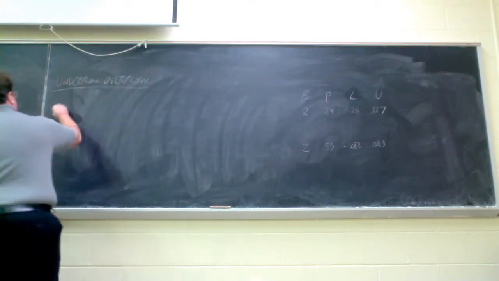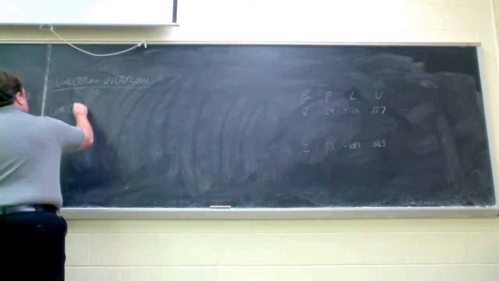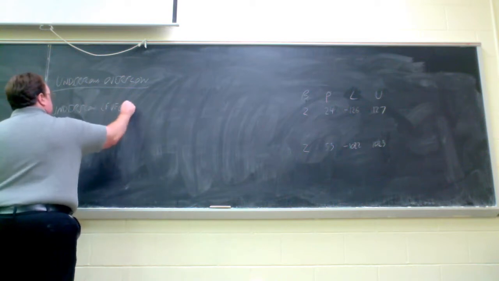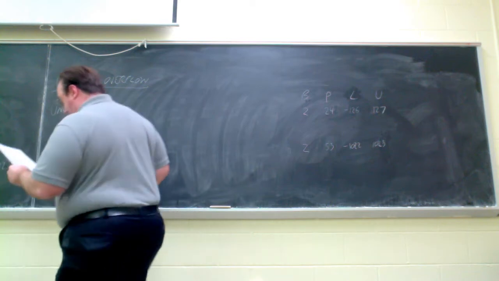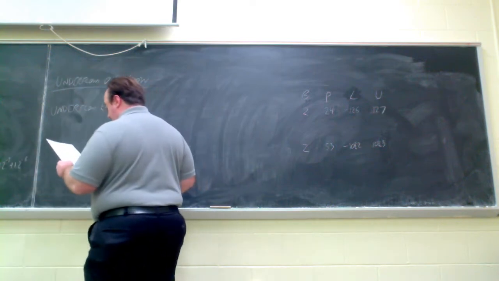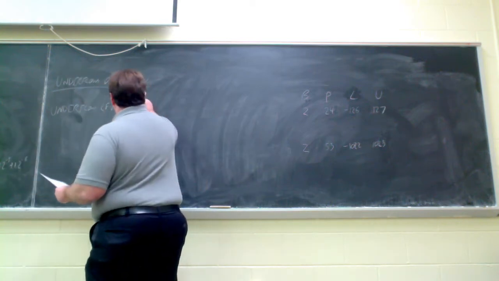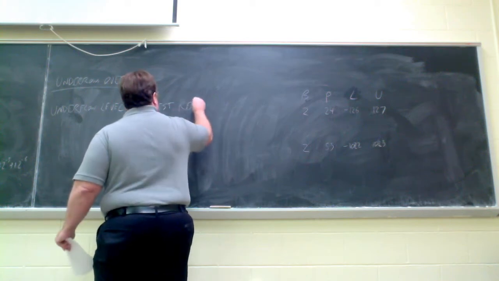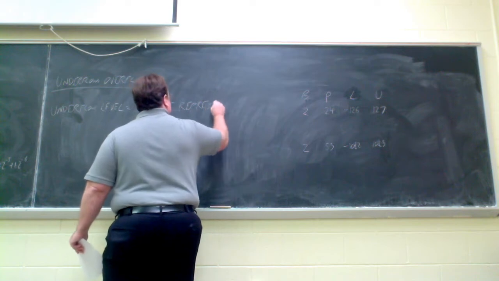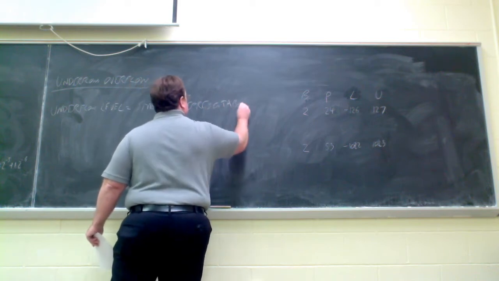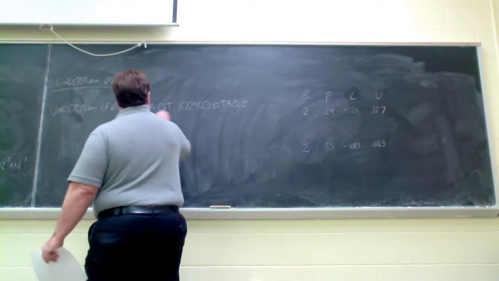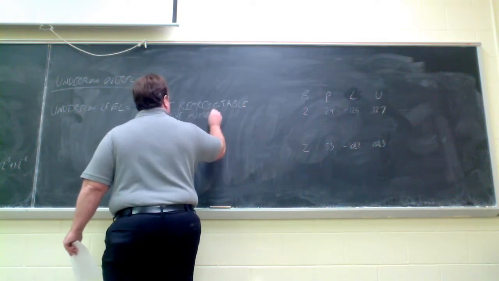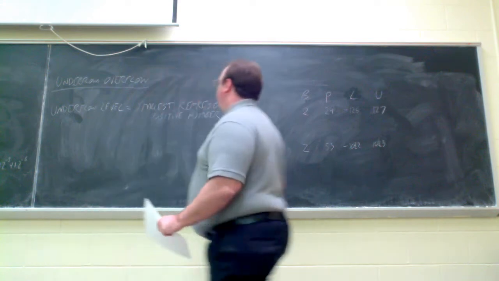So the underflow level, now that is the smallest representable positive number that your precision and range of exponents will allow.